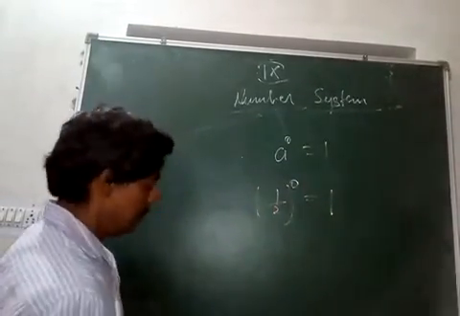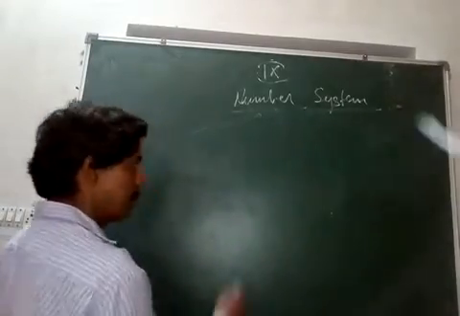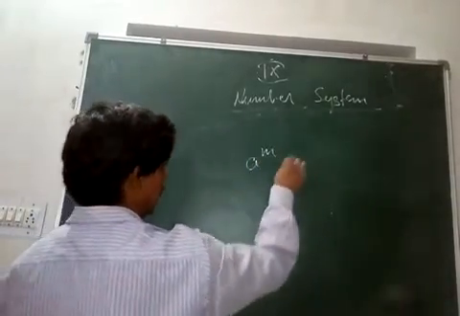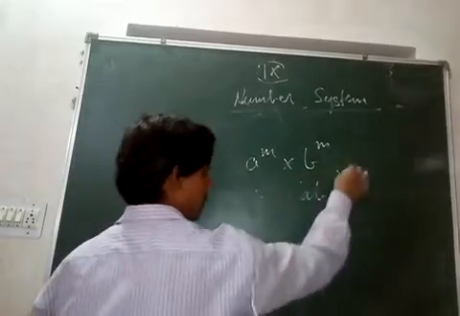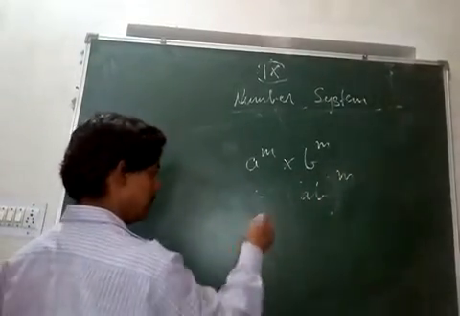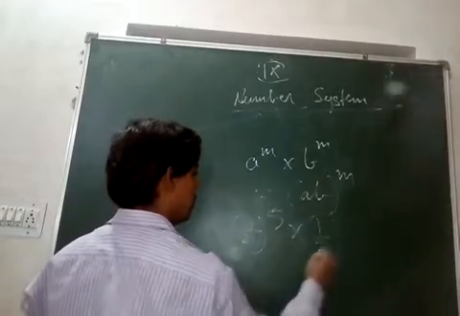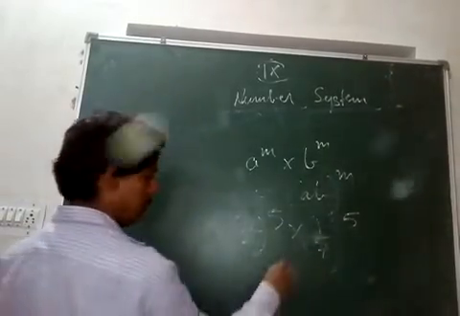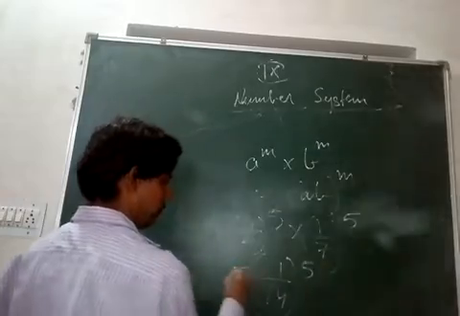Okay, simple one. Another, suppose you have a to the power m and b to the power m. Then we can multiply these two and write a b to the power m. So suppose half to the power 5 into 1 upon 7 to the power 5. So this can be written as 1 upon 2 into 7, 14, to the power 5.